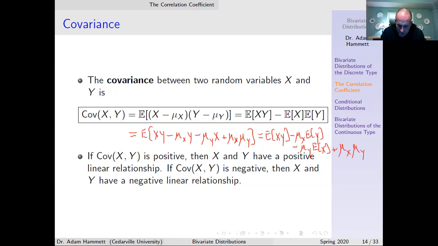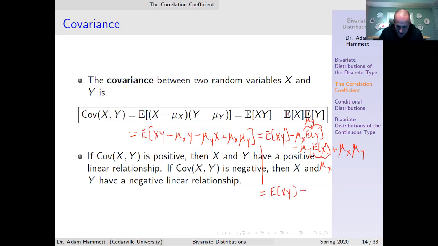And let's not horse around here. This expected value of x thing, that is just mu x. And what about this expected value of y thing? Well, that's just mu y. So if you look at this overall, this is the expected value of xy. I have minus 2 mu x mu y's, and then plus a mu x mu y.